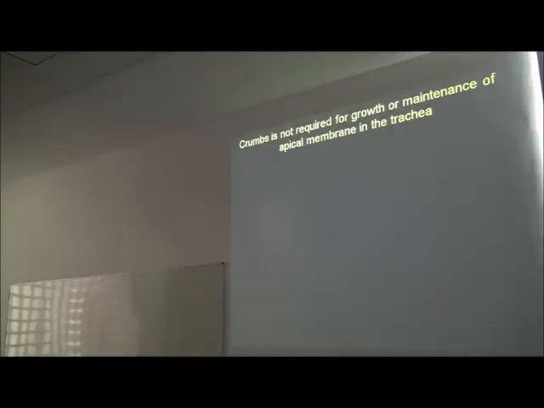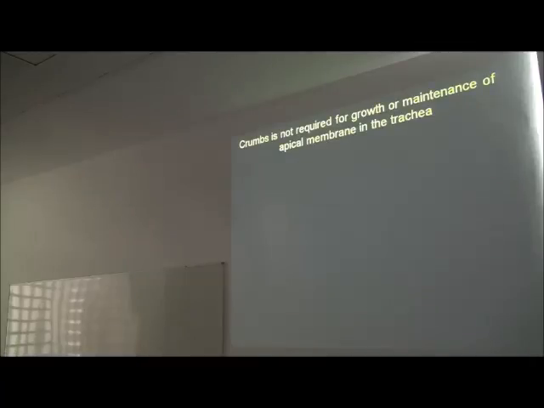So lots of little discrete Rab5 vesicles. So at this point, I wanted to just pause and say that although Crumbs is essential very early for all epithelia, if we make animals that are mosaic for Crumbs, so zygotic loss of Crumbs, we see no defects in the tracheal system.